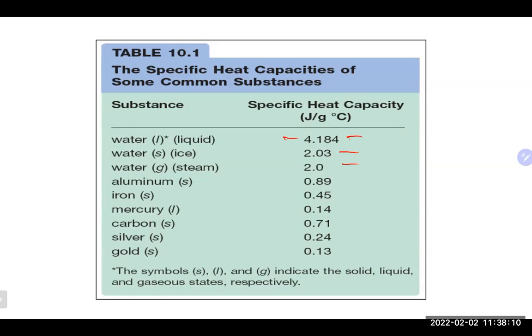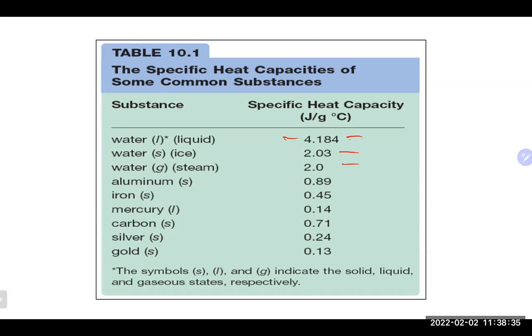If something has a large specific heat capacity, would it take more energy or less energy to change the temperature by 1 degree of something that has a smaller specific heat capacity? The larger the specific heat capacity, the more energy is needed to change it by 1 degree Celsius, right?